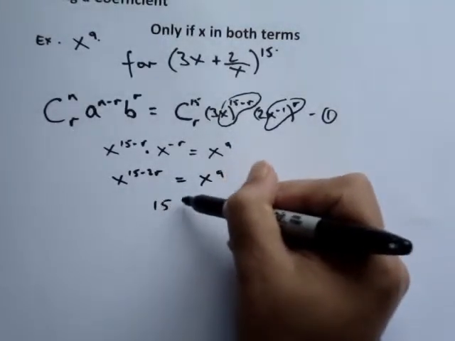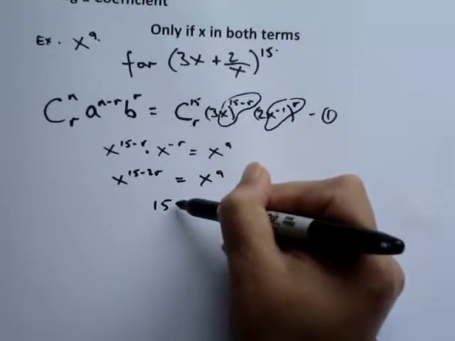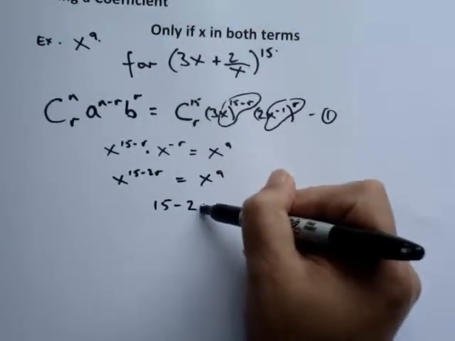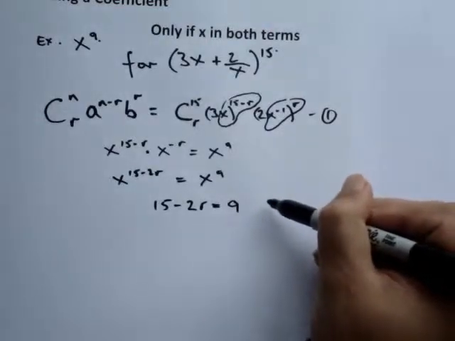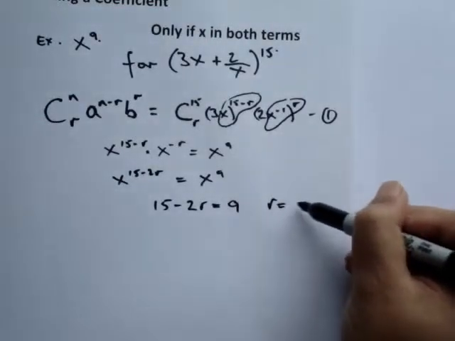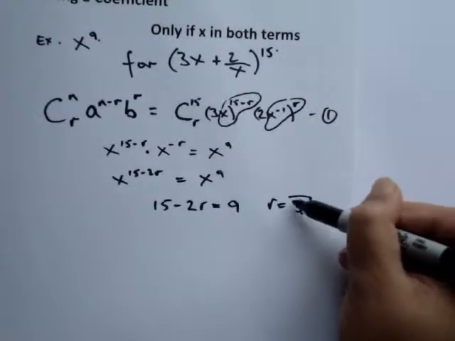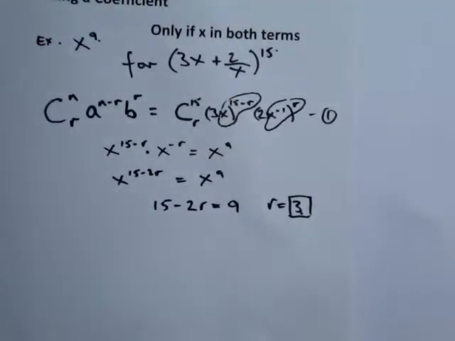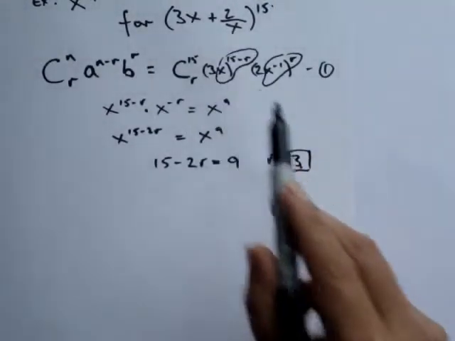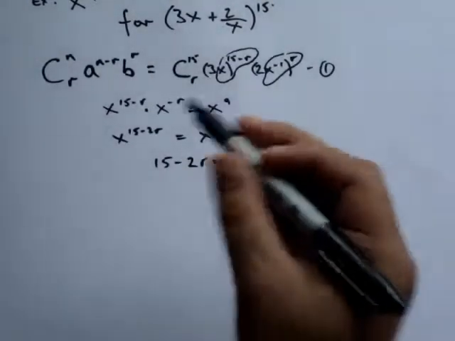So 15 minus 2r equals 9, and our r then equals 3. So that is our answer for r. Now what we need to do is plug r back into our equation.